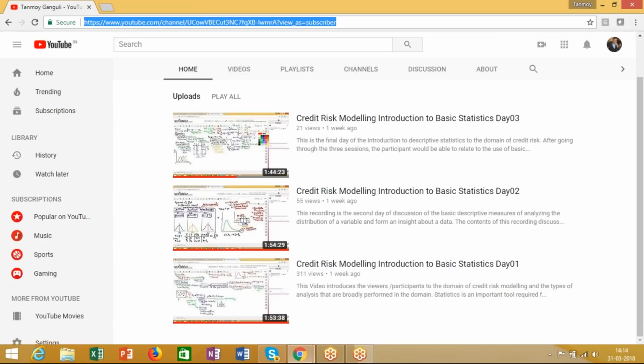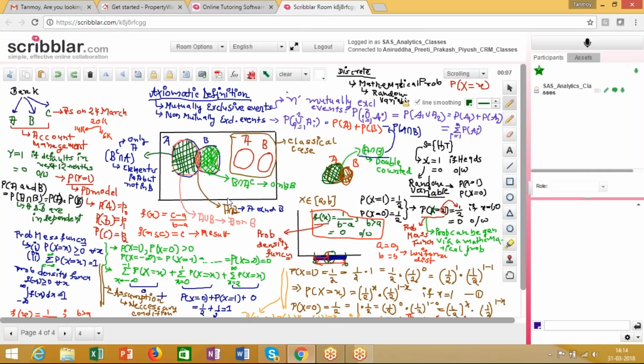So having said that, let's just start our discussions for the day. So we have been talking about the concepts of probability theory and probability distribution, right? And while talking about probability theory, we have discussed what probability is, what is the classical definition of probability, what is the axiomatic definition of probability, and going forward, we have also discussed what exactly are the concepts of probability mass functions and density function.